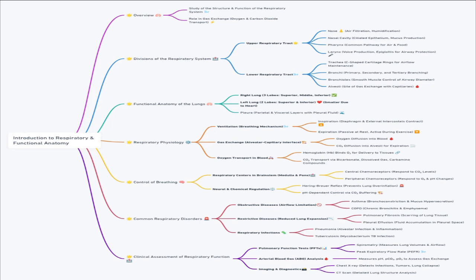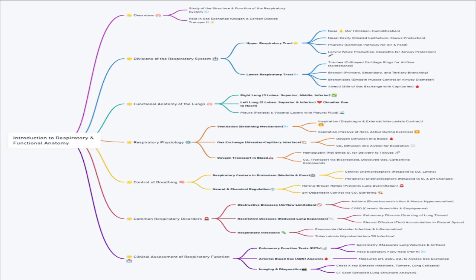There are other components of the respiratory tract that we'll look at. So the upper respiratory tract ends at the level of the larynx: the nasal cavity, nasopharynx, oropharynx, laryngopharynx, and the larynx.